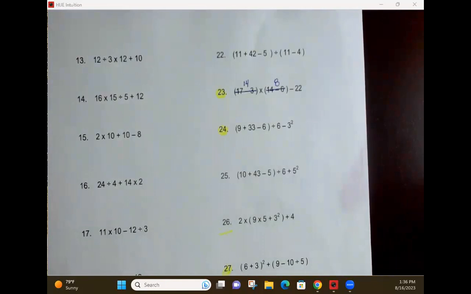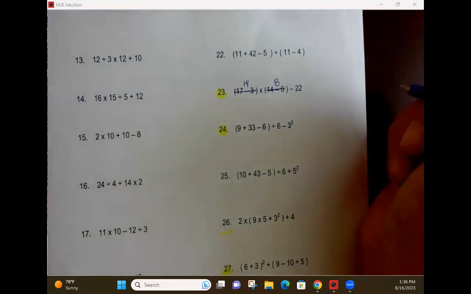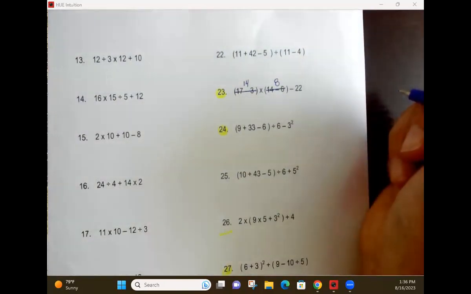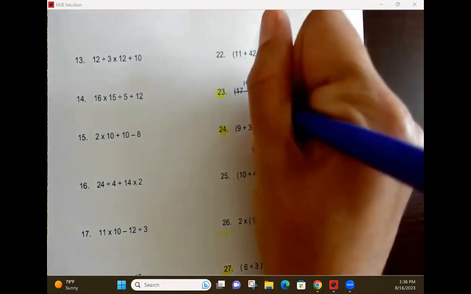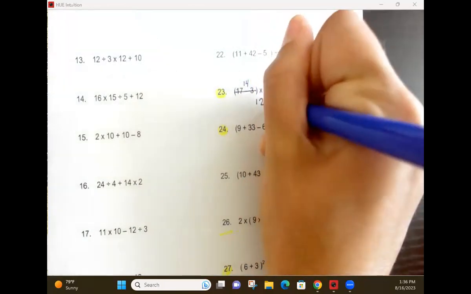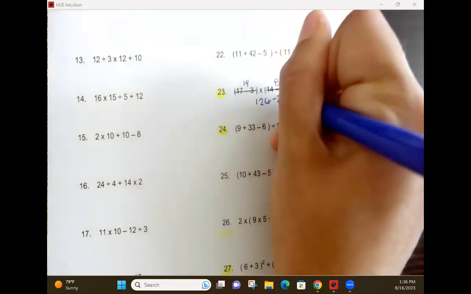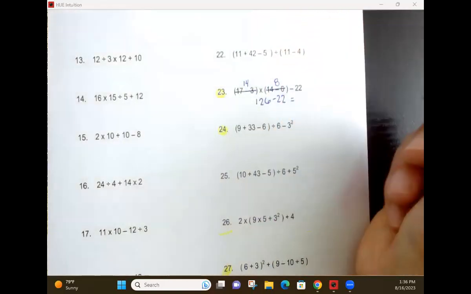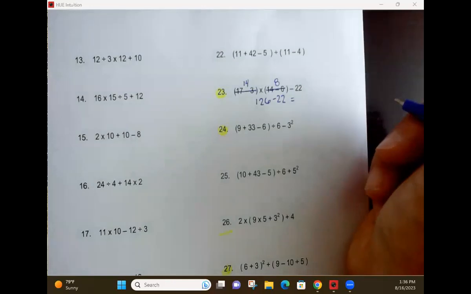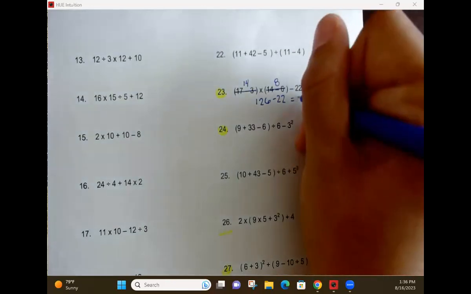Multiplication. So 14 times 8. 126. And then minus 22. 104.